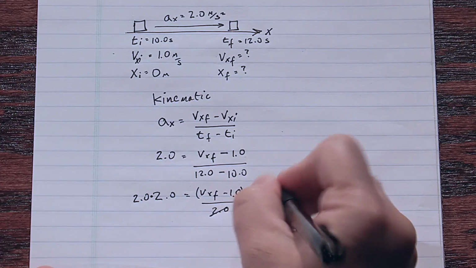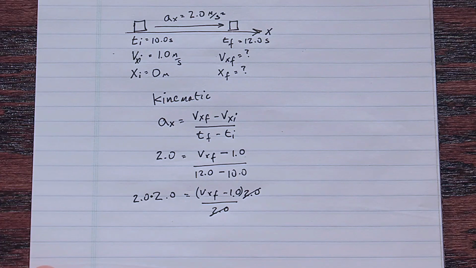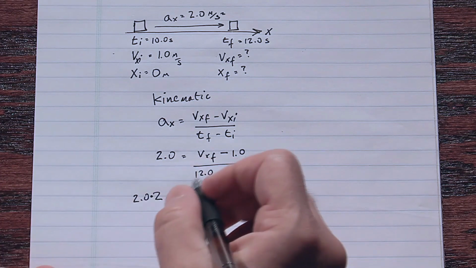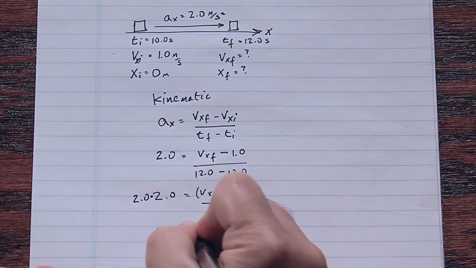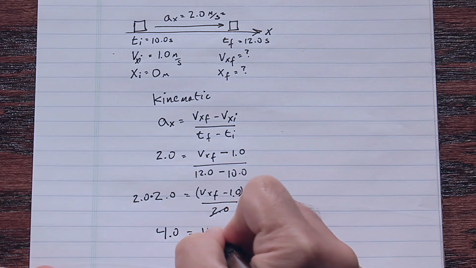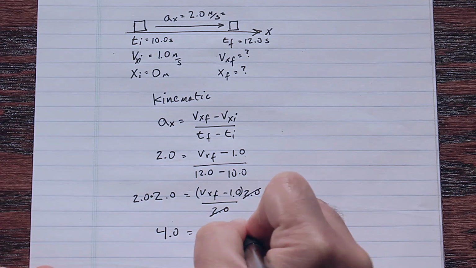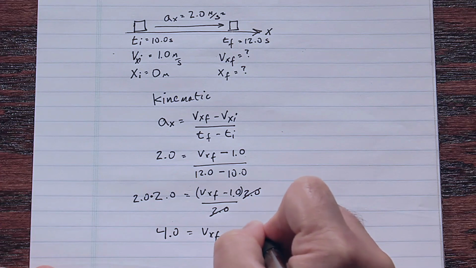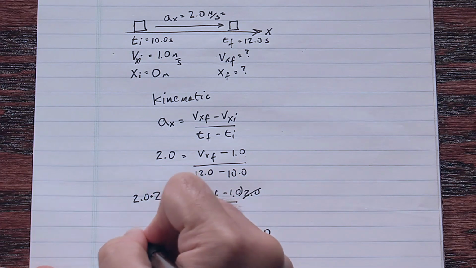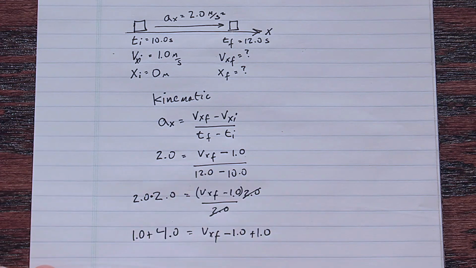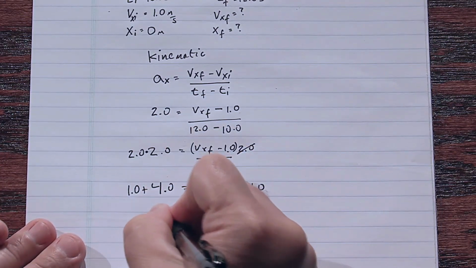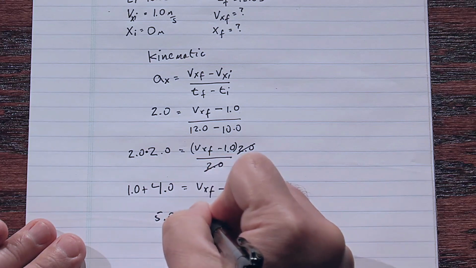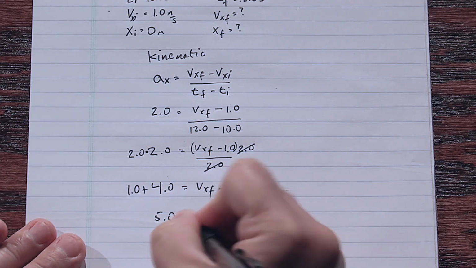And then 2.0 over 2.0 is 1, which I don't have to write since we're multiplying by it. And so that gives us 4.0 is equal to Vx final minus 1.0. We'll add 1.0 to both sides. And so finally we see that 5.0 is equal to Vx final.